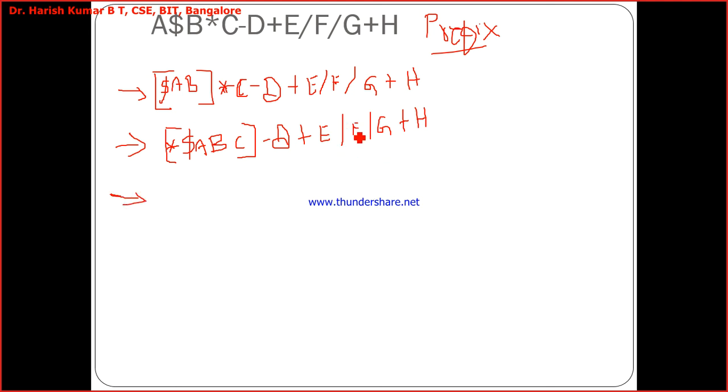So in the next step, divide has got the highest precedence. So I'll evaluate this. This will come as it is, star dollar ABC, minus D, plus, so this is D, this E by F. Okay, EF, sorry, this is divide EF.